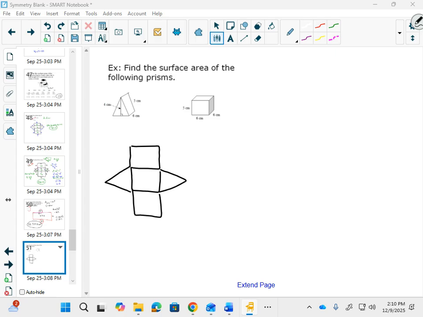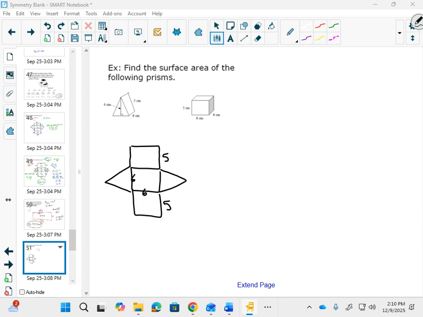I made this 6 and 6, and this length is 5, and this length is 5.